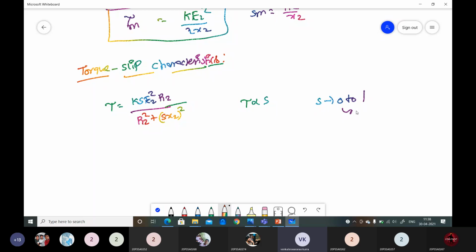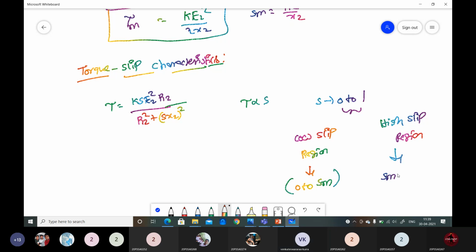This entire region is divided into two parts: the low slip region and the high slip region. The low slip region is from 0 to the slip corresponding to maximum torque, and the high slip region is from the slip corresponding to maximum torque to 1.